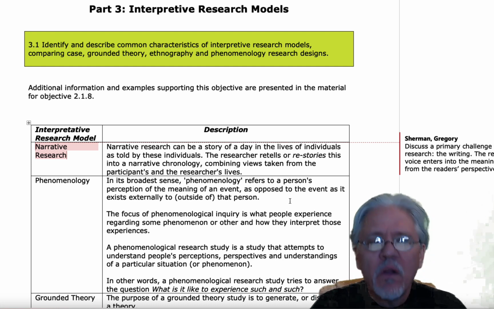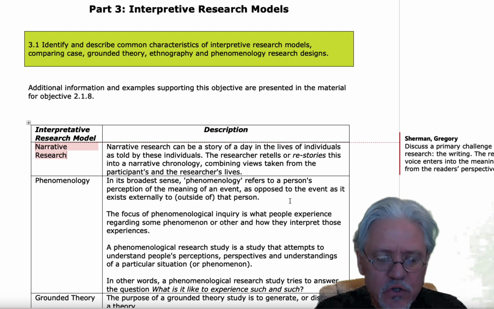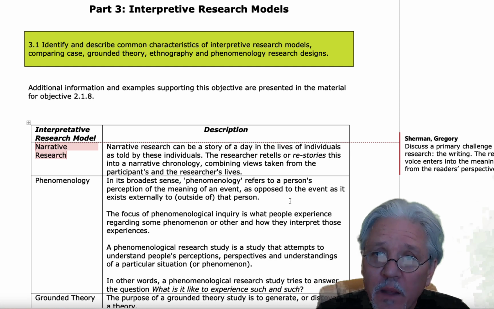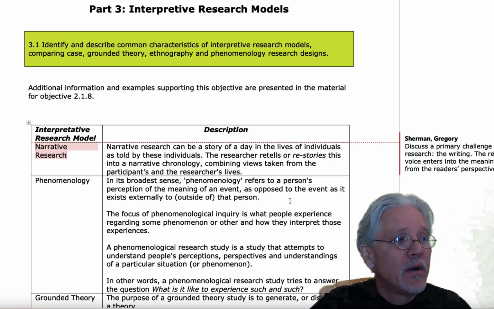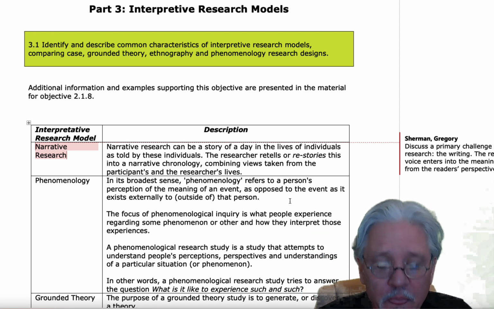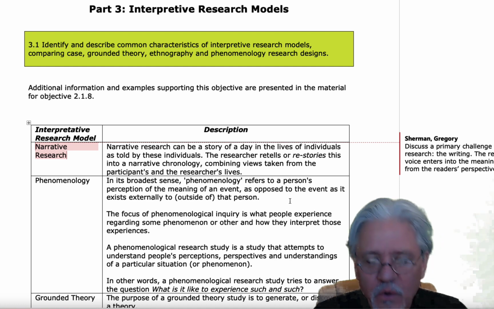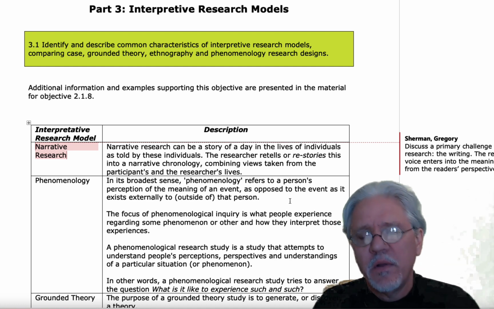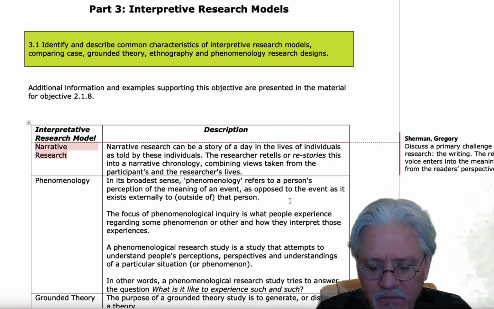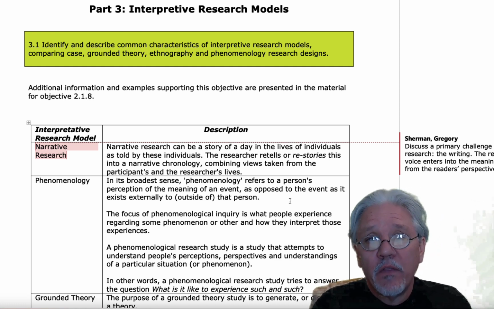And all of the onus is almost entirely on the researcher's ability to write, because it's not just a matter of presenting transcripts to people. You have to write the story, and you have to tell the story. And so your voice as a writer is always going to come out in that. And so that obviously becomes a threat to the validity of the truth of that writing.